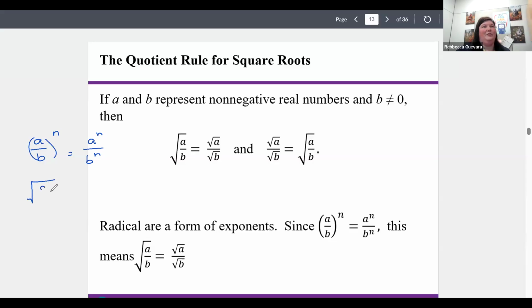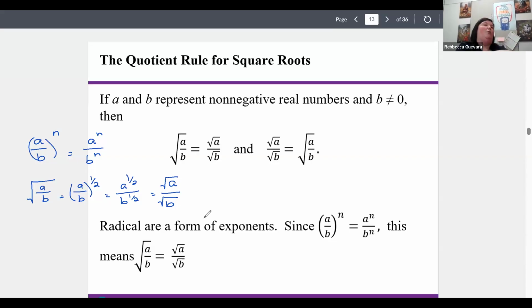So if I have the square root of A over B, well then that's just going to be A over B to the power of 1/2, which means we have A to the power 1/2 over B to the power 1/2. And we know that this 1/2 is just going to convert back to a square root. We can break up a square root over a product and over a quotient.